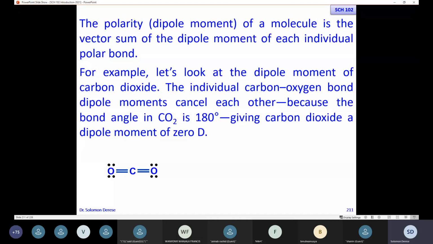It does not tell you the shape of the molecule. What gives you information about the shape is the hybridization. Now, can you tell me what the hybridization of the carbon of carbon dioxide is?